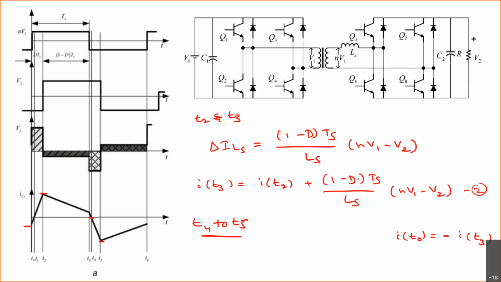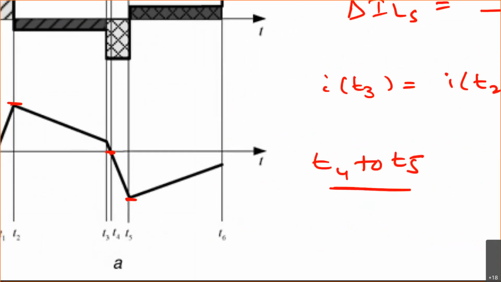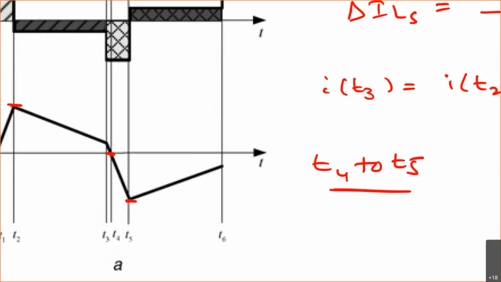Can you write the equation for T4 to T5? How will it be?